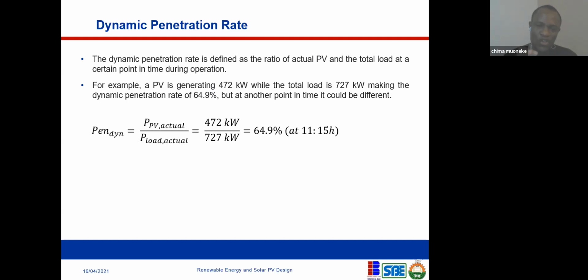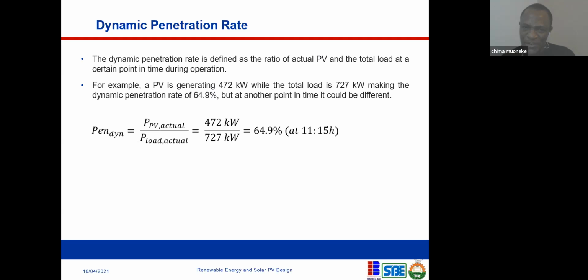For dynamic, you use what is actually generating at the moment, divided by the total demand at that time, not the total installed capacity of the generator. For static penetration, you use the installed PV divided by the total installed generator capacity.